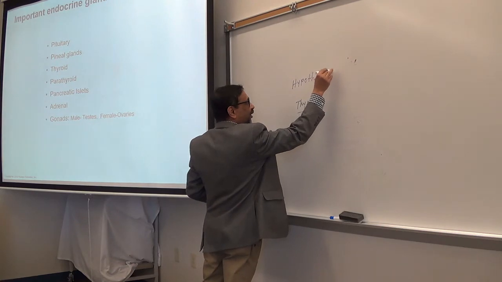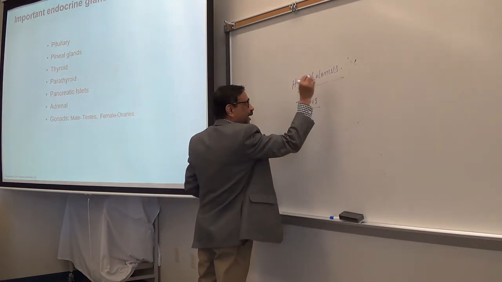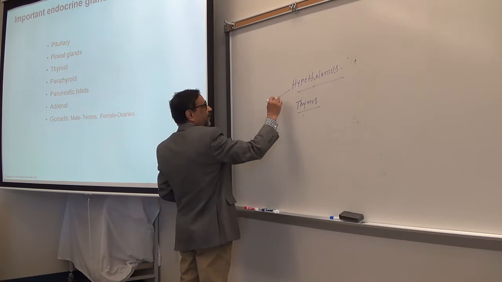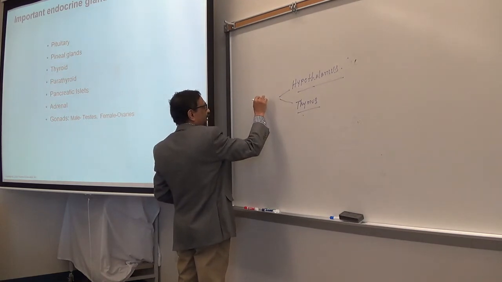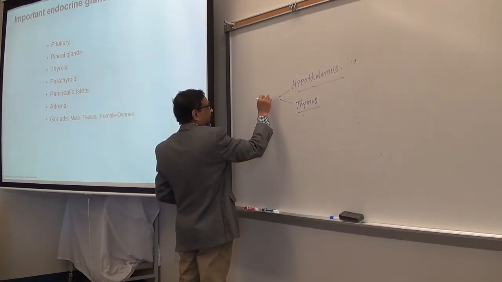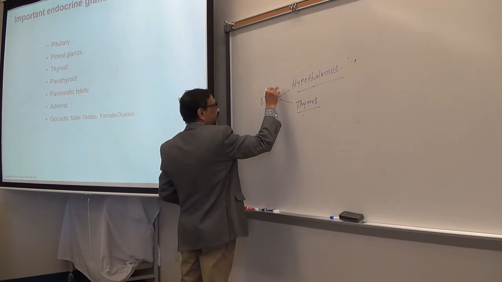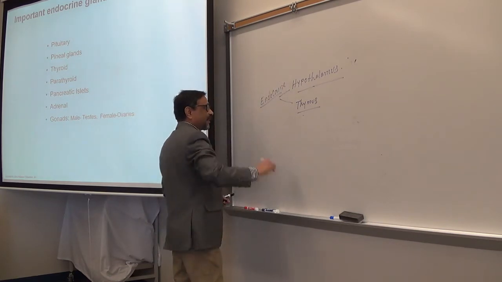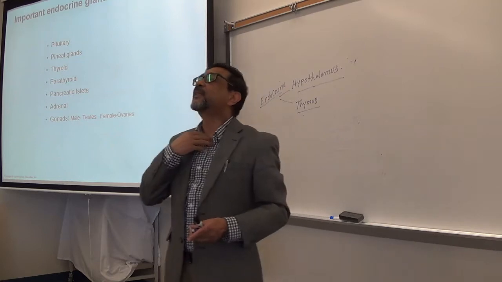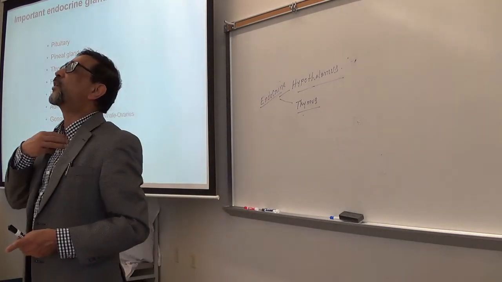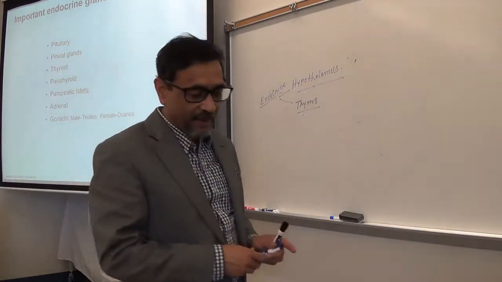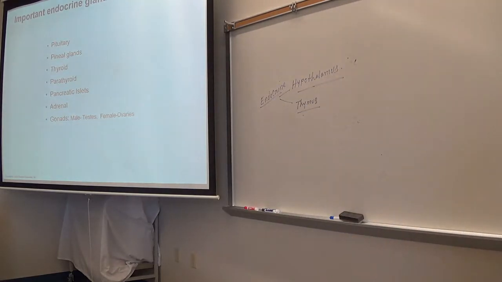You know hypothalamus? This is also considered as endocrine. So you can write down these 2, endocrine. So hypothalamus in the brain and thymus is in the upper part of the chest, thorax here. Okay? So those are also important endocrine glands. So write down those 2.